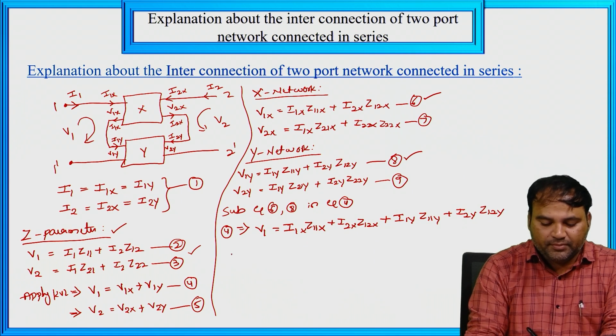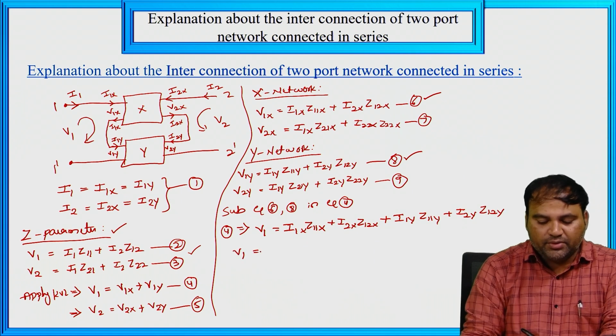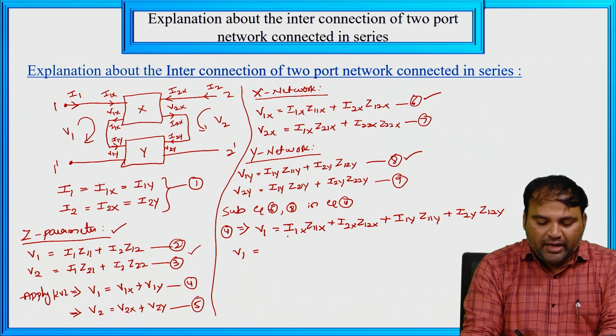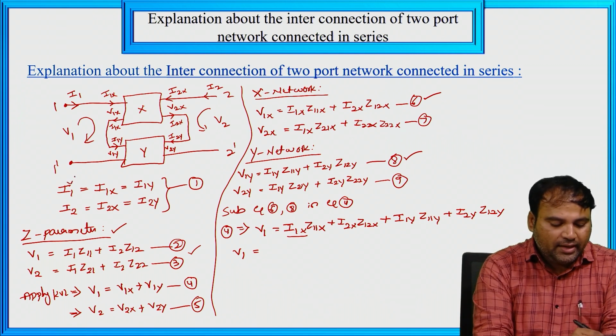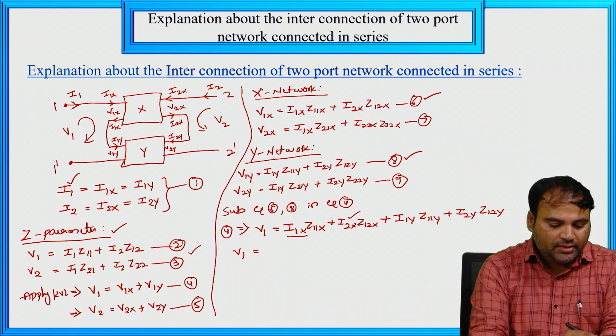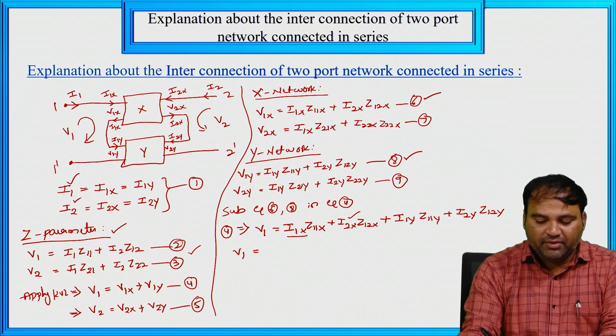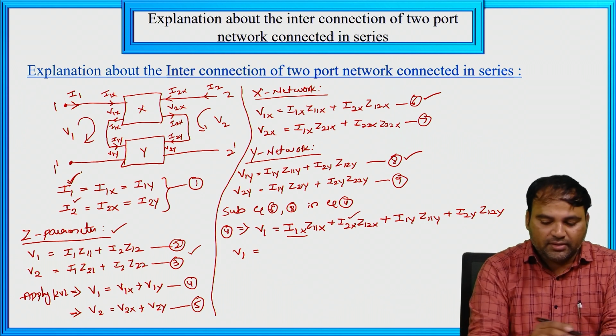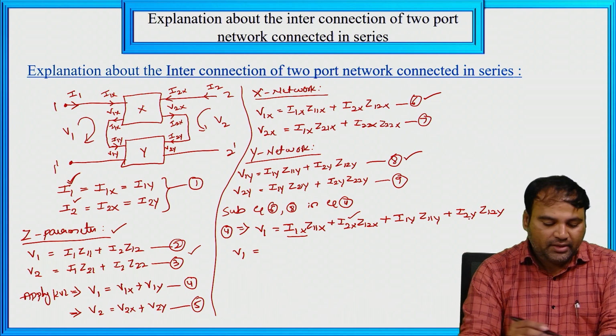Then I1x is nothing but I1, I2x is nothing but I2, I1y is nothing but I1, and I2y is nothing but I2.